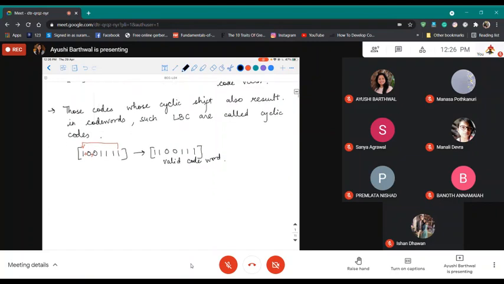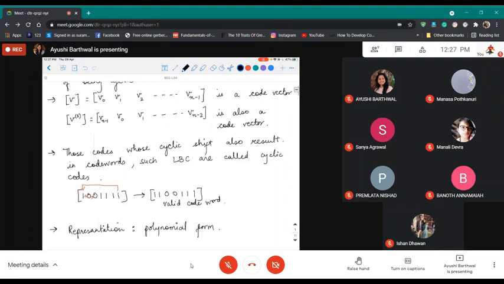So now how do we represent cyclic codes? They are represented in polynomial form, which means if we have to denote a code vector in polynomial form, we will denote it in this manner.